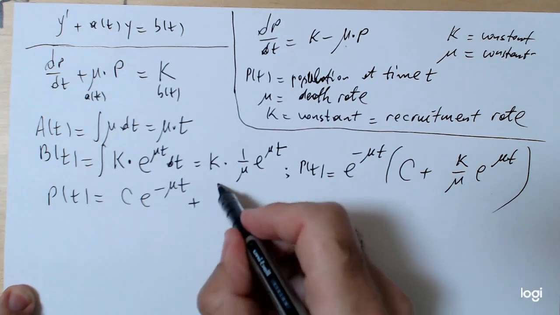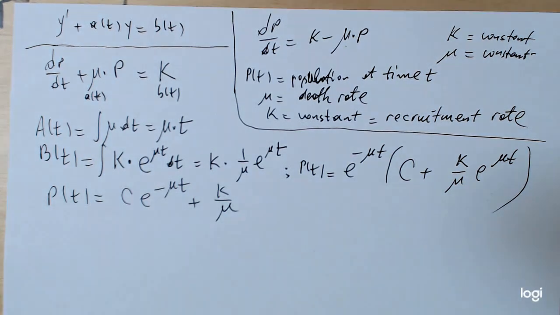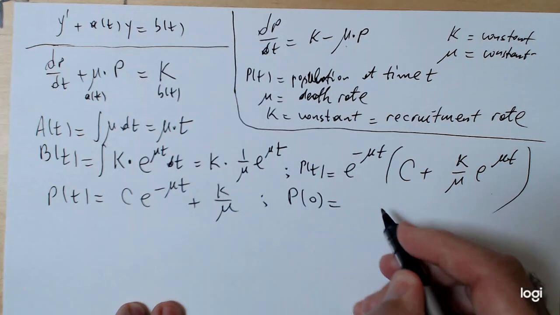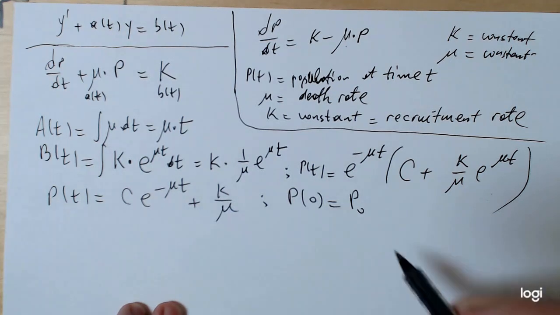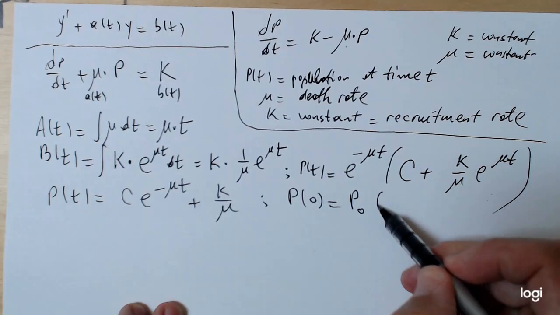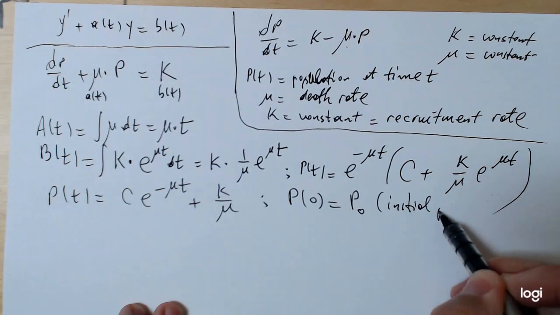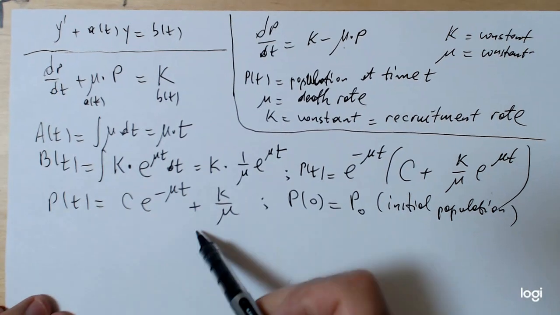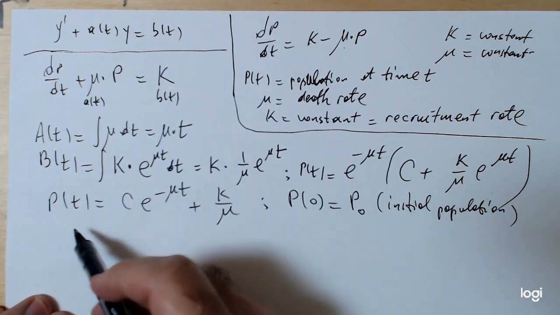If we multiply and simplify, you get this. And remember, there's also always an initial condition, and in modeling work, this is denoted by P naught, or if you have an actual number of people to begin with, you could use that. So that's the initial population, which will give you the value of this constant.